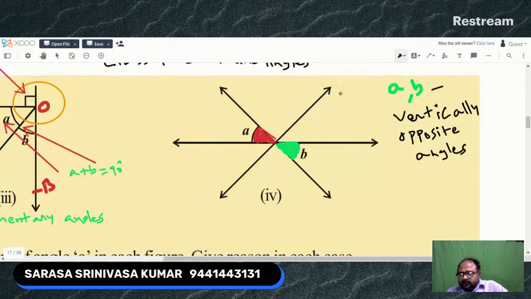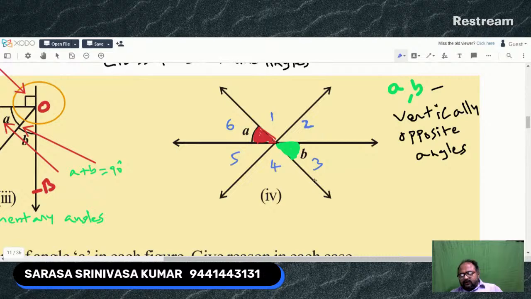Now I would like to draw here. This is angle 1, angle 2, 3, 4, 5, 6.